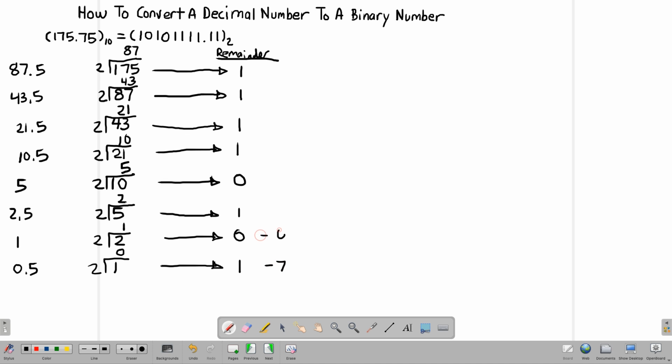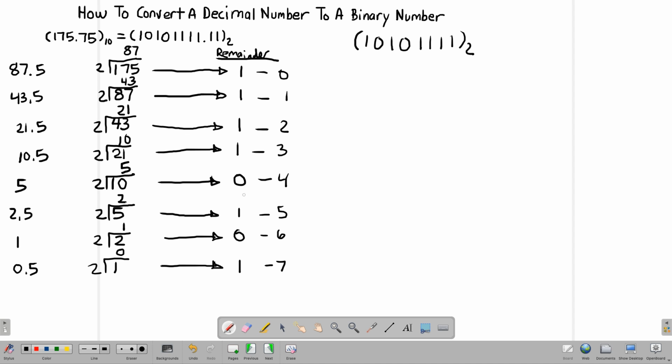That's in position 6. This is in position 5, position 4, position 3, position 2, position 1, and position 0. So that means that we have our integer portion, which is 1, 0, 1, 0, 1, 1, 1, 1, and 2.